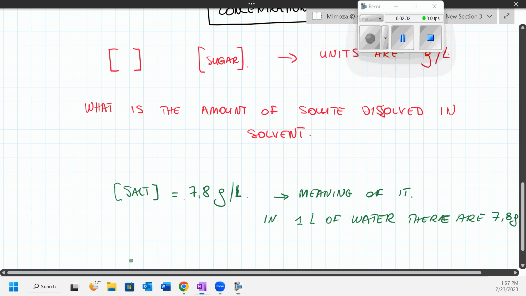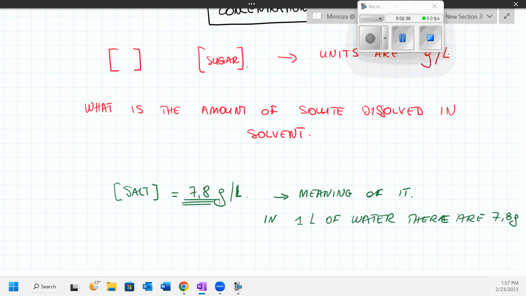If the number that describes the concentration is higher, that means you have more of the solute in the solvent.